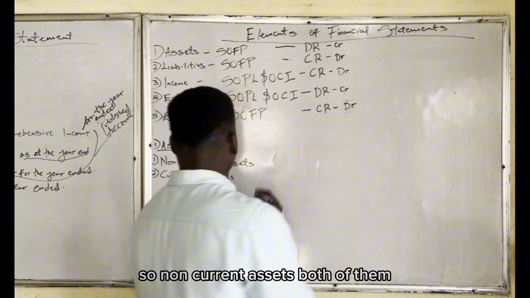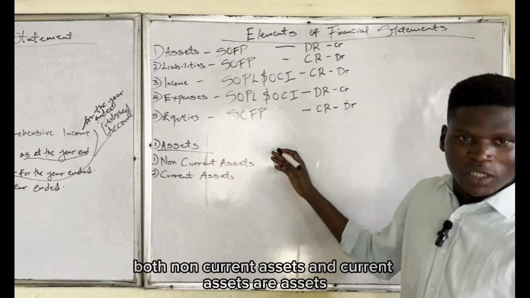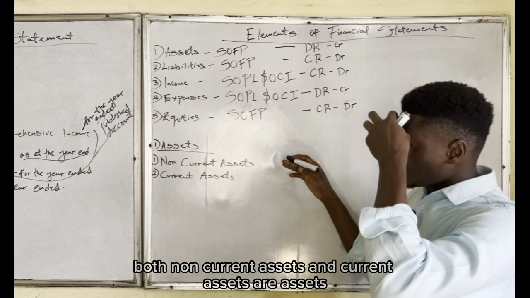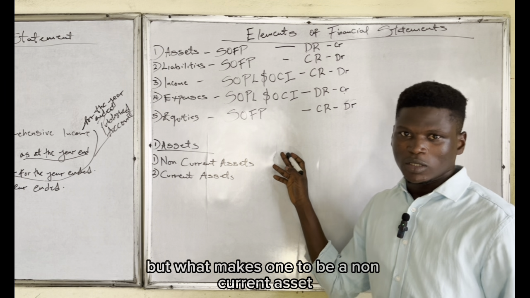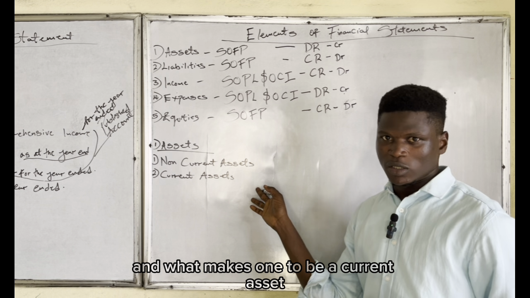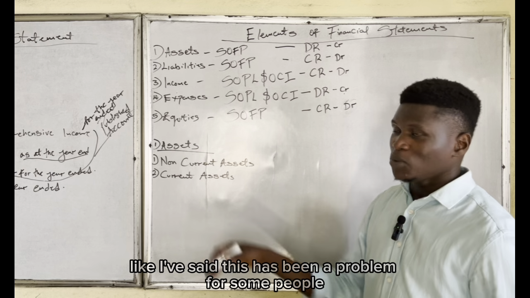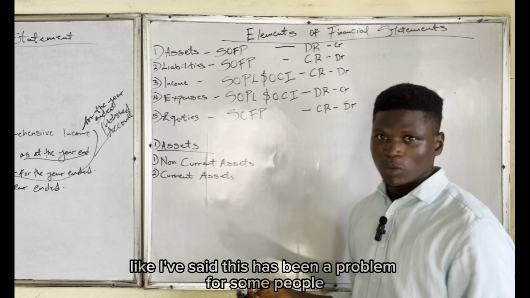Both non-current assets and current assets are assets. But what makes one a non-current asset and what makes one a current asset? Like I've said, this has been a problem for some people.